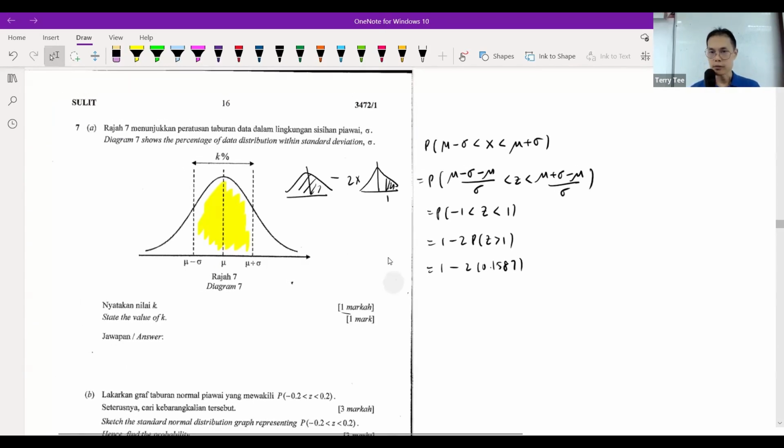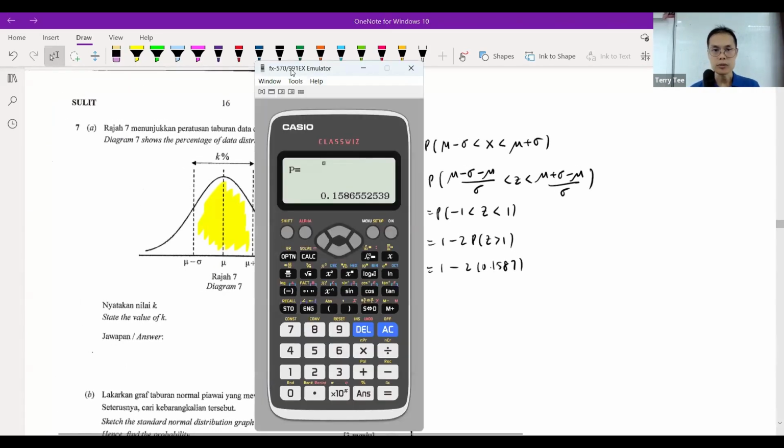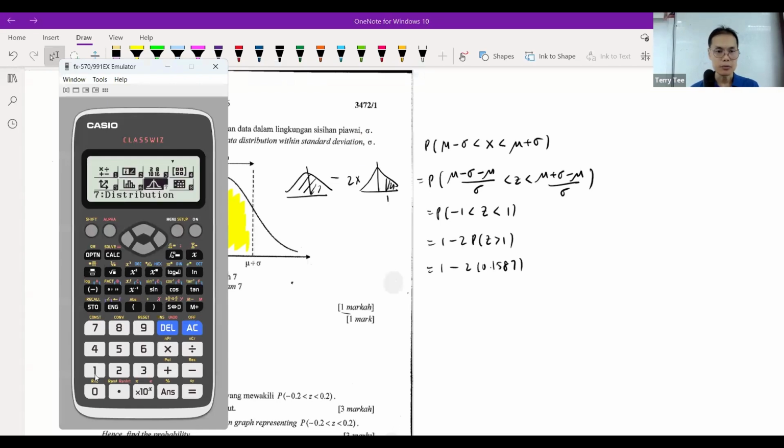Use your calculator, go back to the normal mode. Menu, 1 minus 2 times 0.1587. You should get 0.6826.